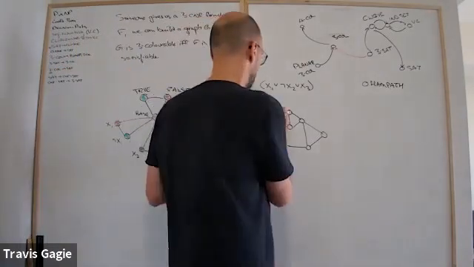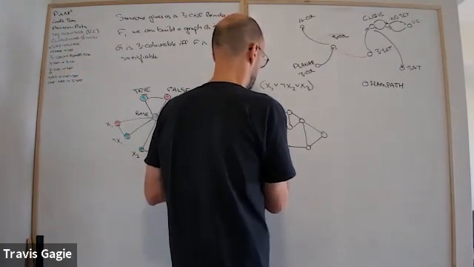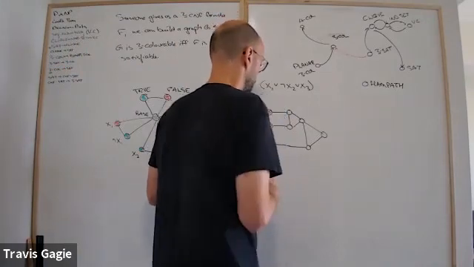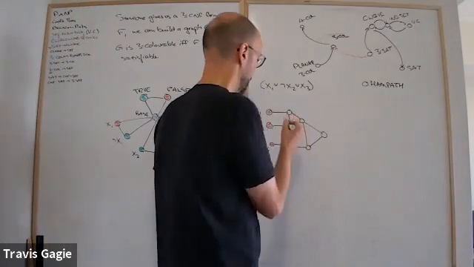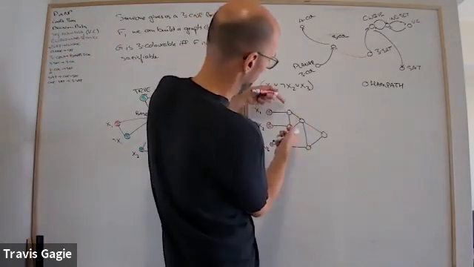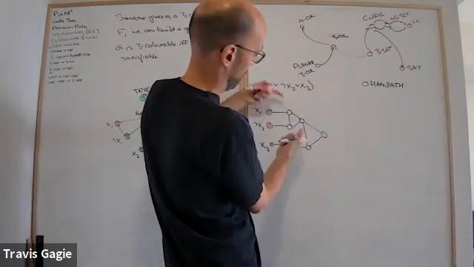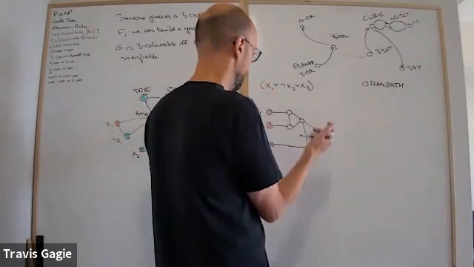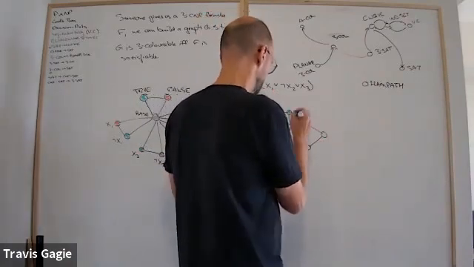So if all of these are false, then one of these has to be true and one of these has to be base. It doesn't really matter which one is true and which one is base.